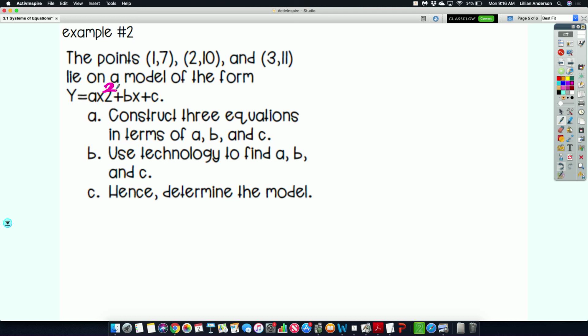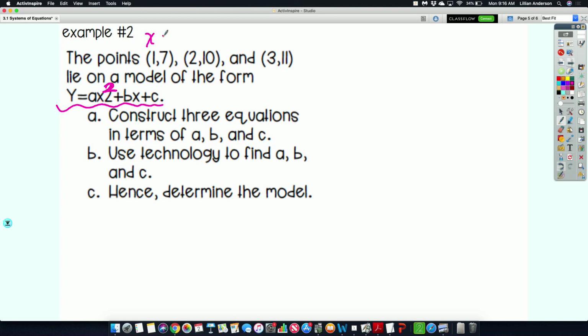So in this particular case, when I write my equations, what am I plugging the points into? So this is the model that I'm going to plug my points into. So if I were to use (1, 7), I will plug 1 in for x and 7 in for y. Very good.